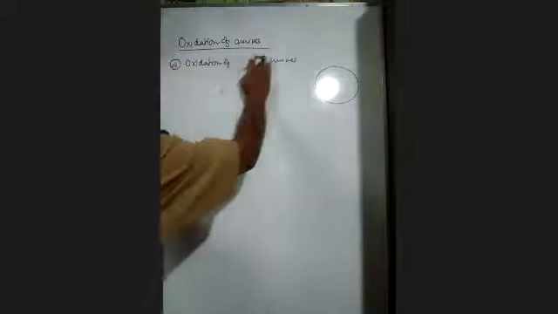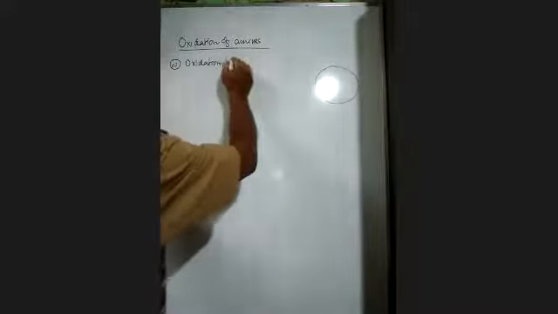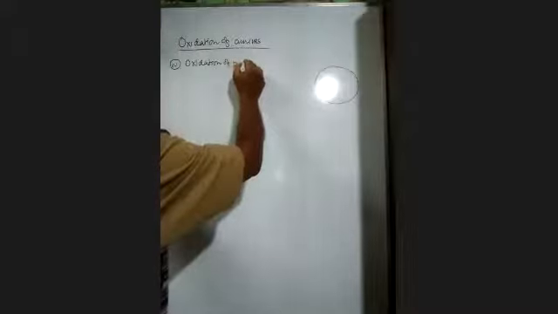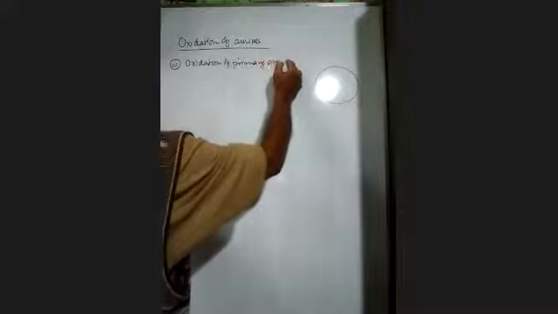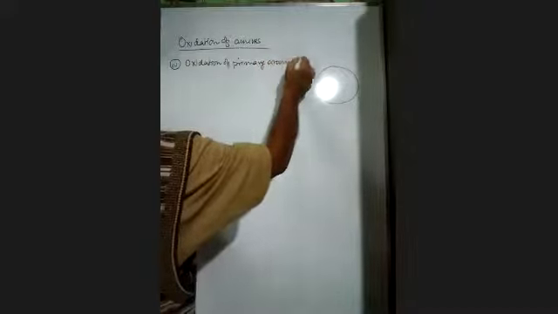Okay. So now we'll write the next one. These are all we have done with alkynes. Four: oxidation of primary aromatic amines.